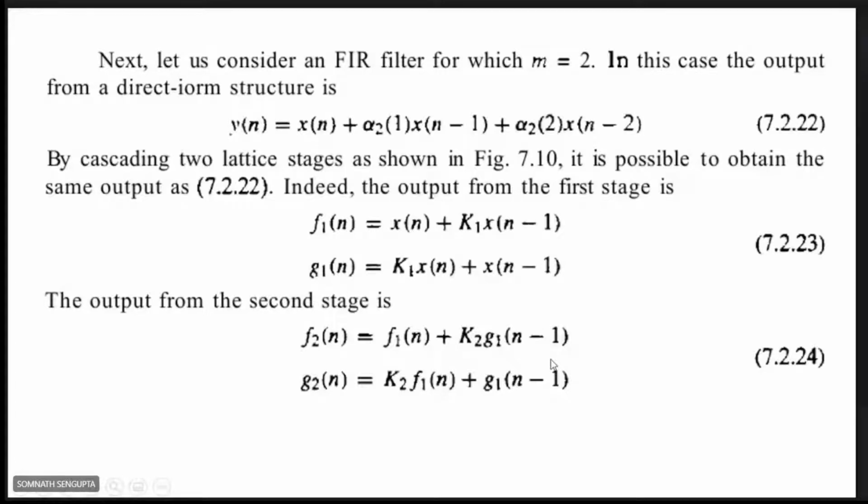So now you can calculate G1n minus 1 by, in place of writing n, you write n minus 1. So it is k1 into xn minus 1 plus xn minus 2.